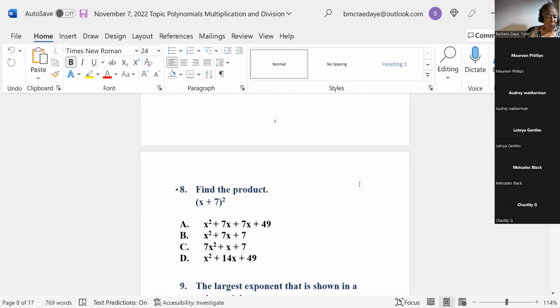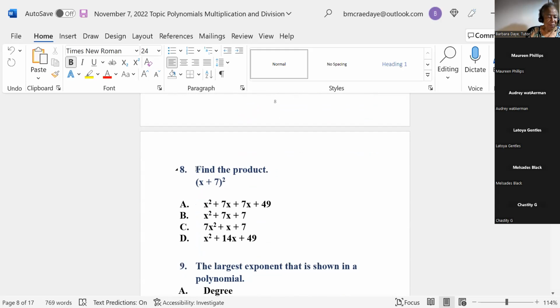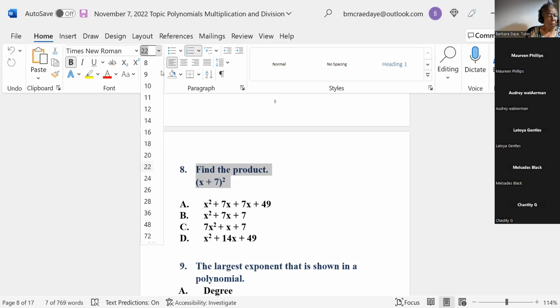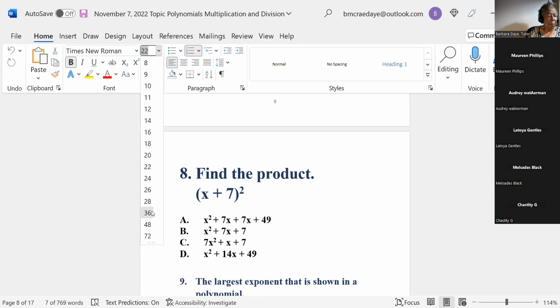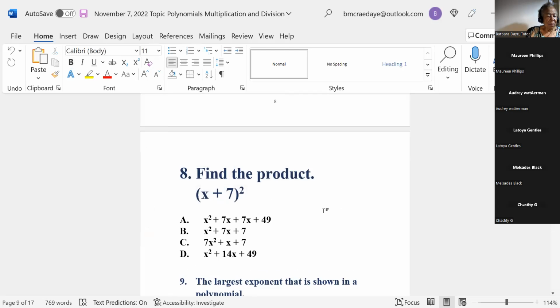Okay, let's go to number 8. Find the product. Product means what operation, Maureen? Add? Add is sum. Or multiply. Multiply, thank you.